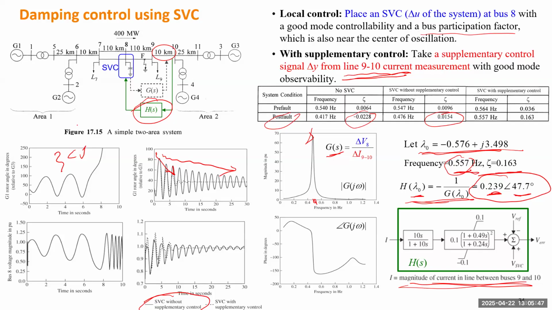But this one is around 1.5%. It's still lower than the typical 3 to 5% industry criterion, the threshold. And if you do the remote control, this one will become 16%, which is much bigger than the threshold. That is the same as what we designed.